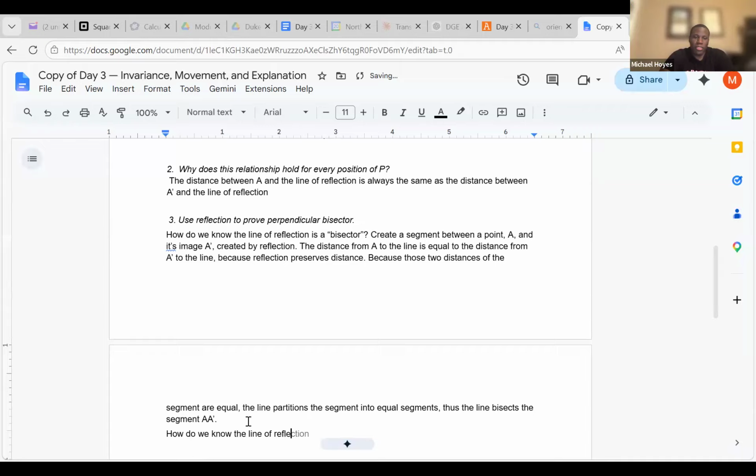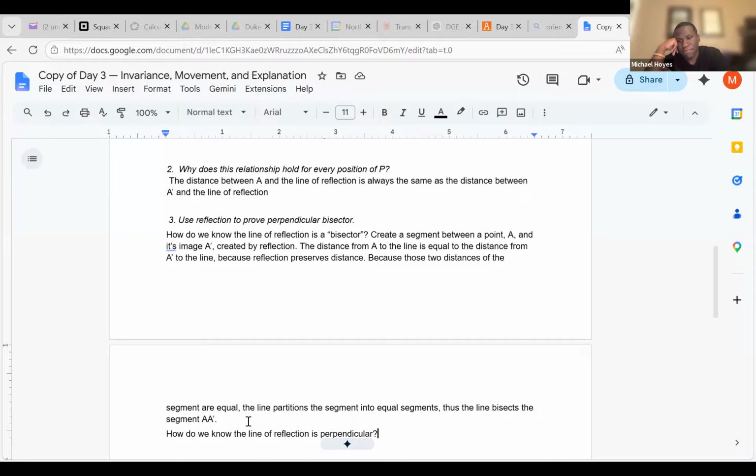So, how do we know that the line of reflection is perpendicular? Could we use that what we said about it being a bisector is true for every point in the image, including ones that aren't necessarily connected to the shape? Say that again. Reflection across a line preserves distance from any point, not just the figures, right?